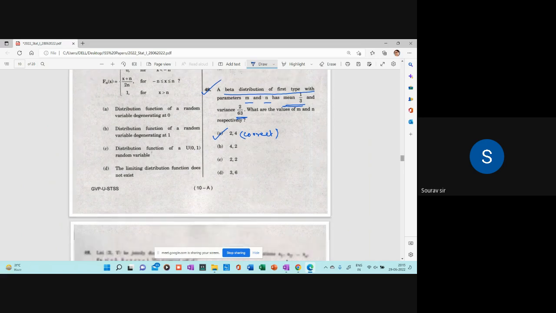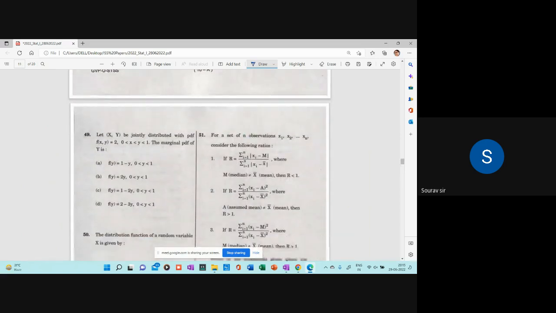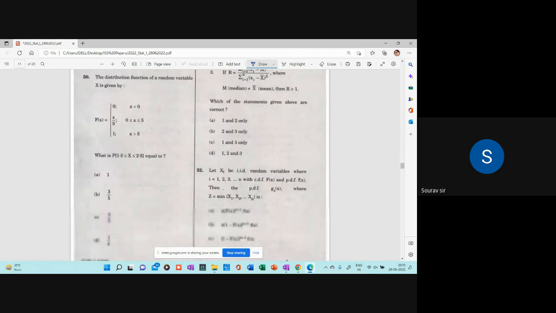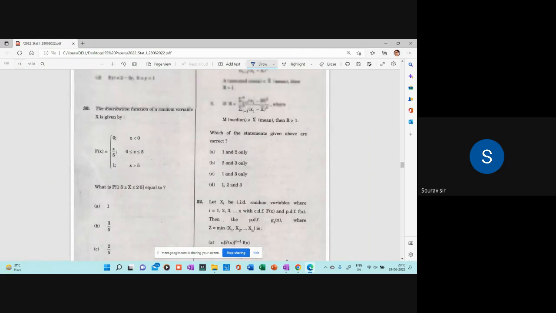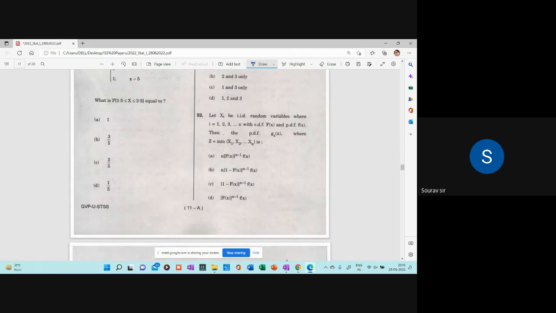Next, going for another sum. Let's go for question number 52. What they are saying is that Xi is a set of IID random variables, i running from 1 to n. Their CDF is defined by capital F of x, and PDF is defined by small f of x.